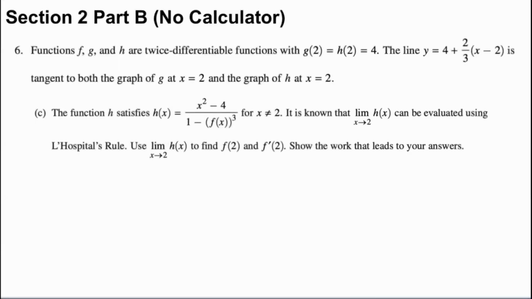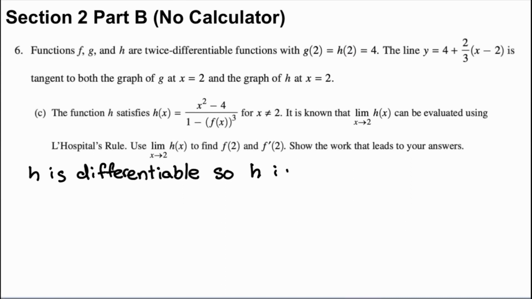And so we're going to start here, obviously, but we have to understand a couple of things before we go on with answering this question. So it is given to us that h is differentiable. It's twice differentiable actually, but we'll just focus on the fact that h is differentiable just once. So h is differentiable, which means that h has to be continuous. Differentiability implies continuity, so you need to explicitly state that.